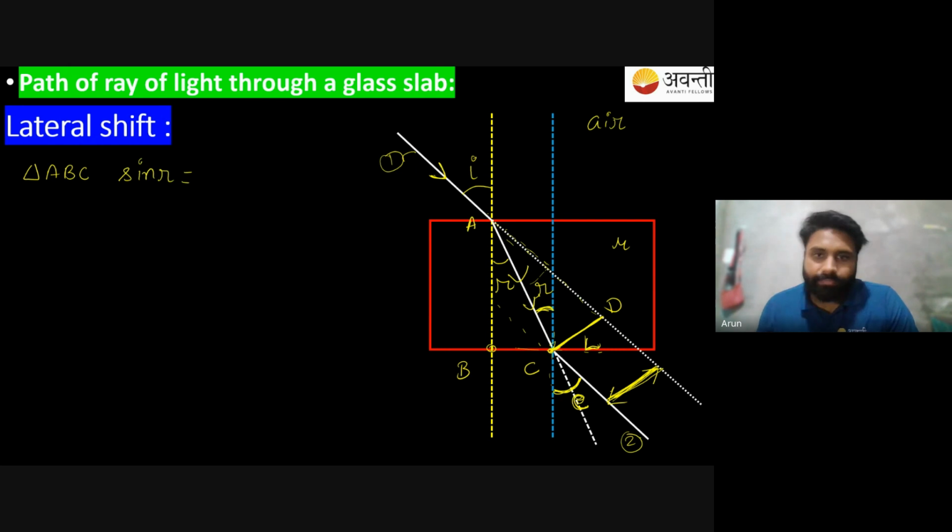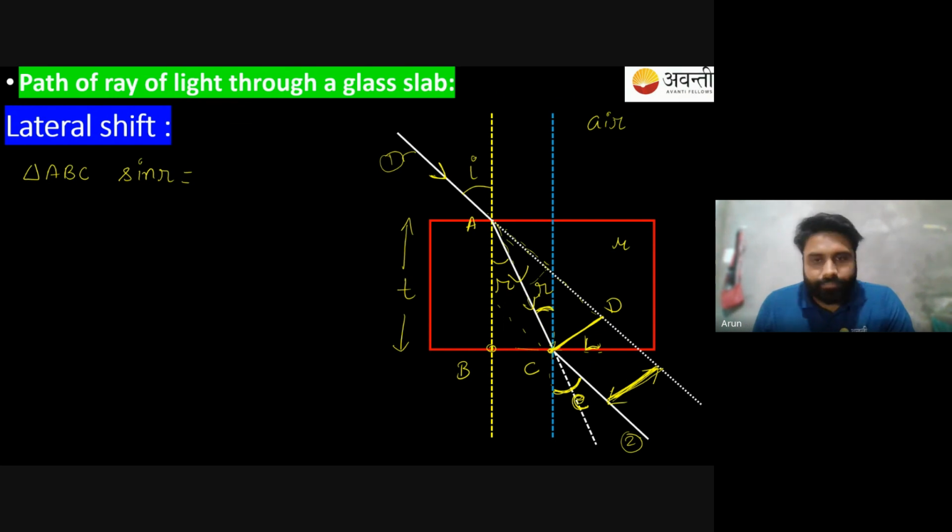One thing that I forgot to mention here is that the thickness of this glass slab is T.